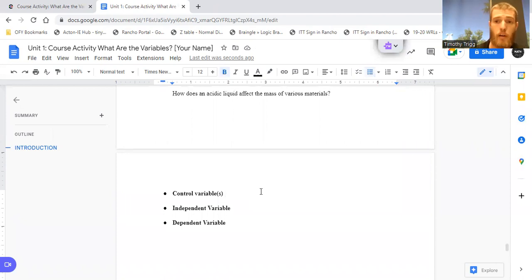So for control variables, we are going to use the same materials for both experimental groups.